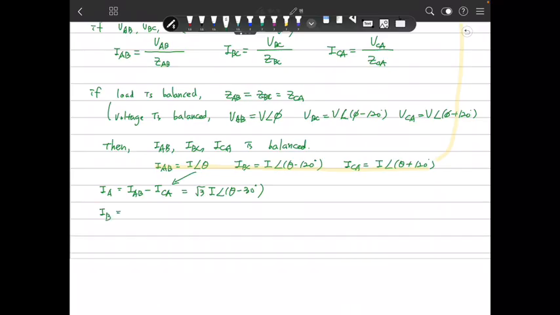IB is I_BC minus I_AB, which will be root 3 times I at angle phi minus 150 degrees, and IC is I_CA minus I_BC.